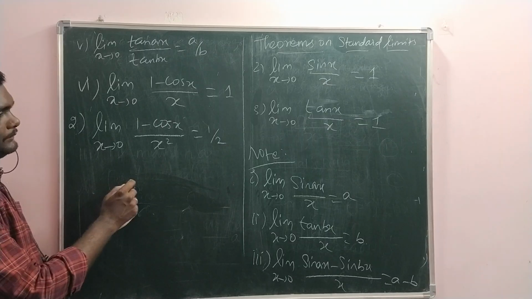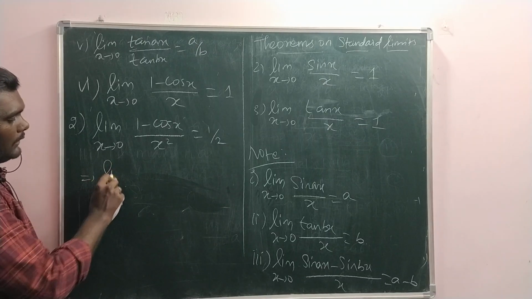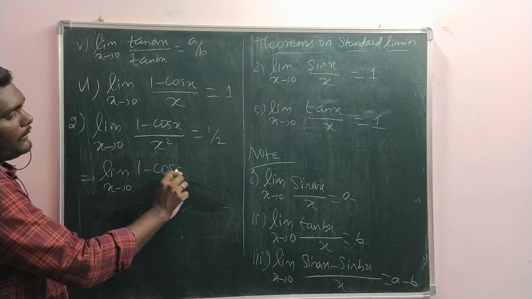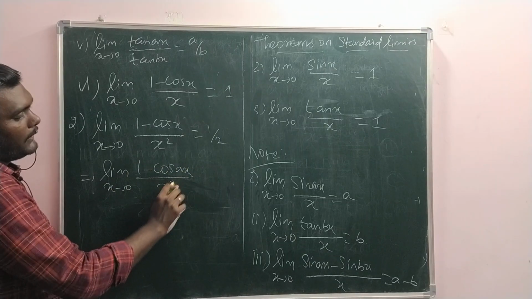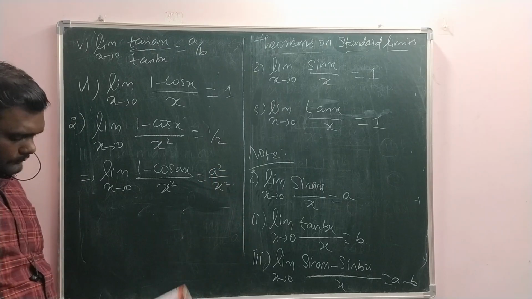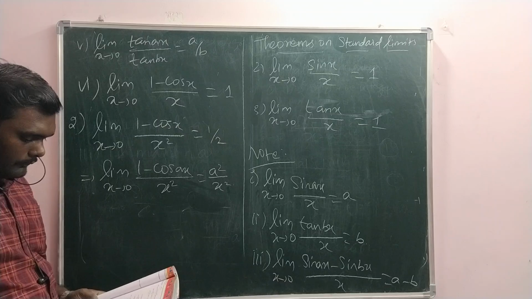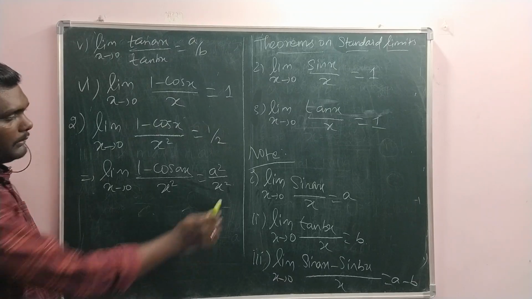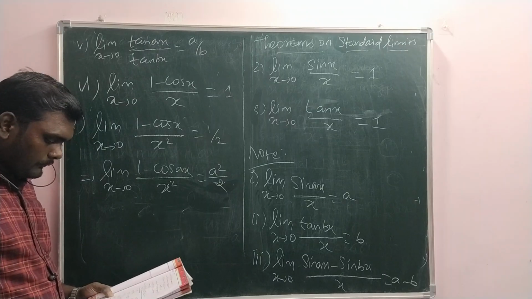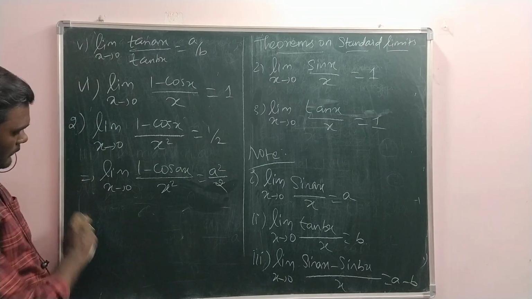Also, as a sub result of this, limit x tends to 0, (1 minus cos ax) by x square is equal to, sorry, a square by 2. Okay.